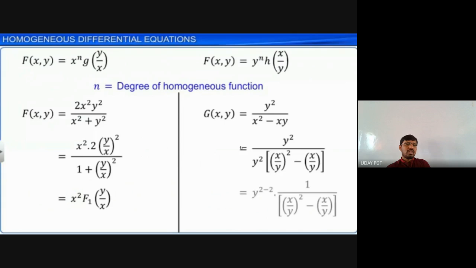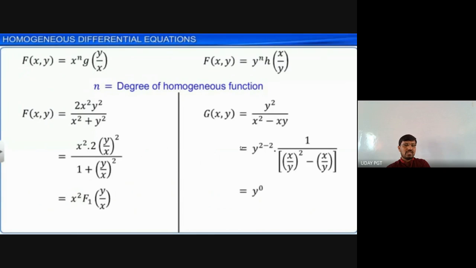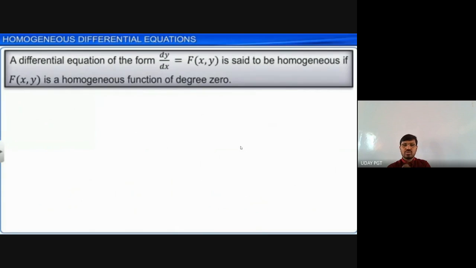The second function, you can write as y power 0 into g of x by y. X by y is written here, y by x is written there. When you take it common, both work the same way. Such types of functions are called homogeneous.